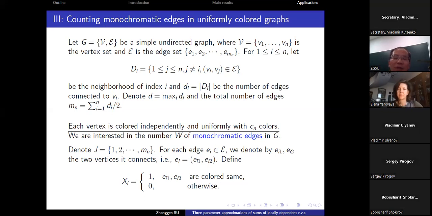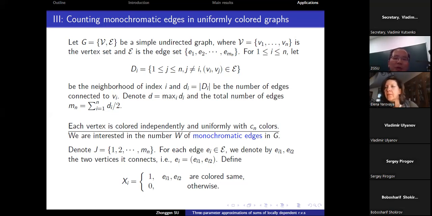Otherwise, we can get anything without any structure about the relation between random variables. So we choose to study this kind of dependence structure, which is called locally dependent structure.